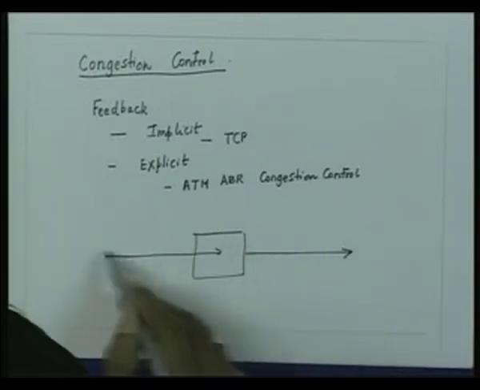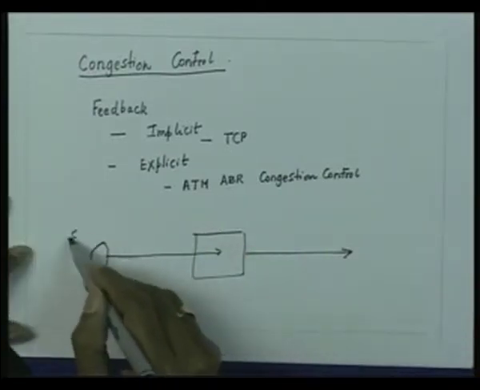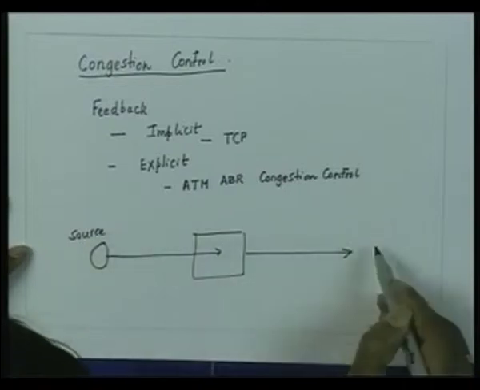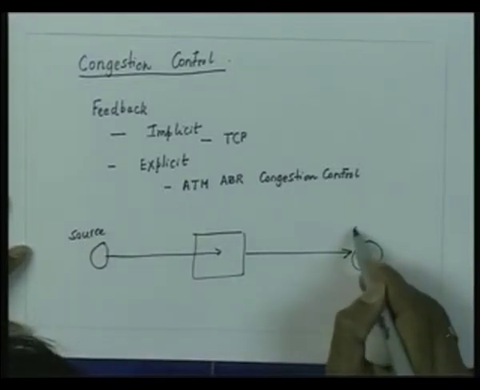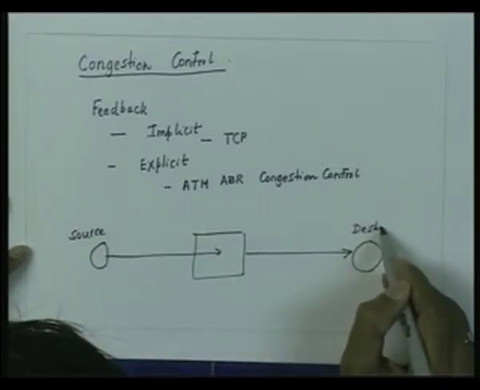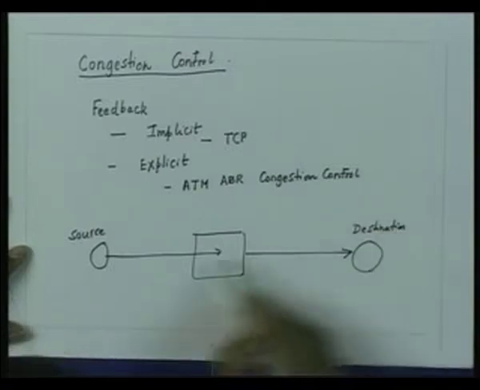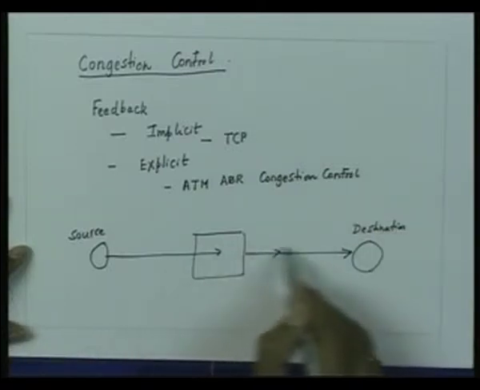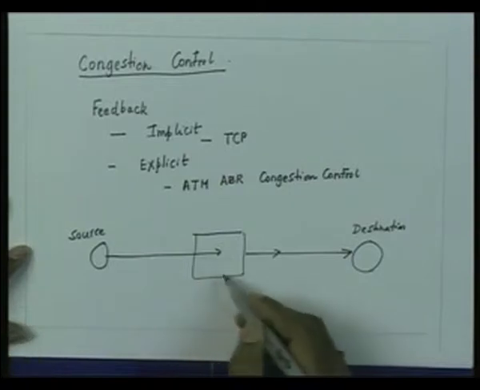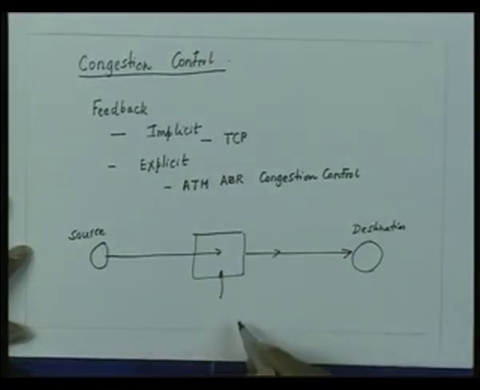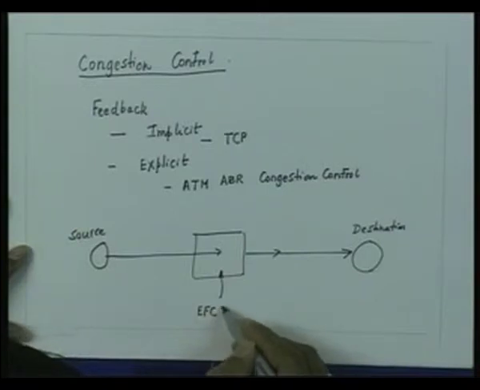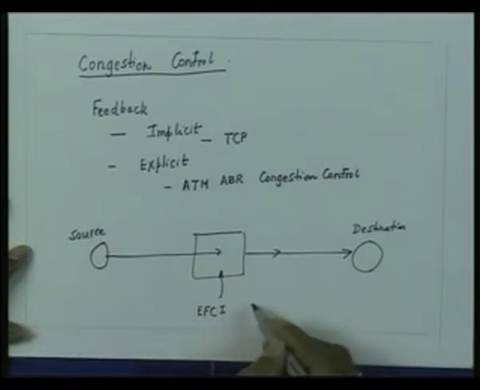So this is an intermediate node, and this is a source, and let us say that this is the destination, and these are the intermediate nodes. When the ATM cells pass through it, and if this particular switch is congested, then this ATM switch will set the EFCI, explicit forward congestion indication bit.